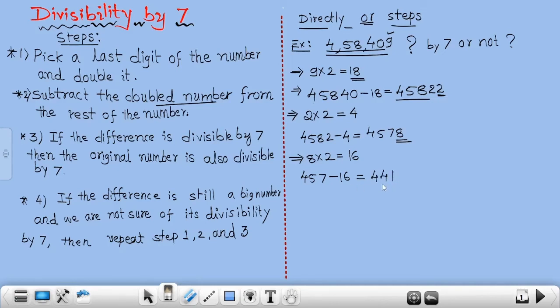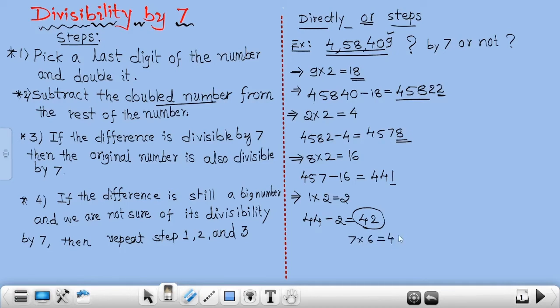We are not sure whether 441 is divisible by 7 or not, so we take the last digit again, that is 1, and multiply it. 1 into 2 is 2. Subtract it from the remaining number. 44 minus 2 is 42.